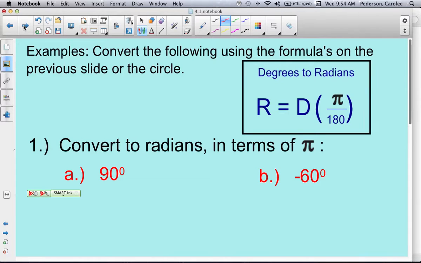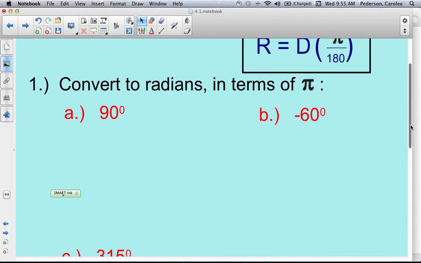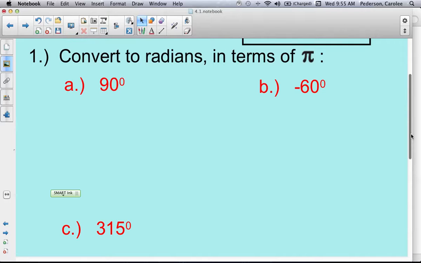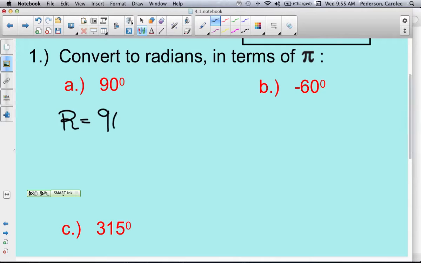Pi over 2, yes. Let's use the formula to check. So I just have that formula up there for you. So number 1a, convert to radians using the formula is what we're going to do. To find the radian measure, we take 90 degrees and multiply it by what fraction?